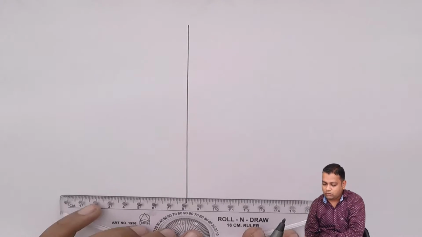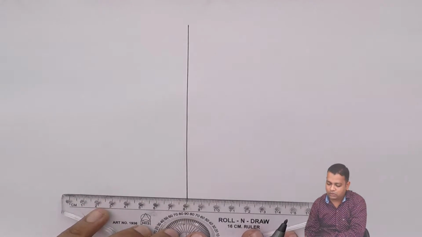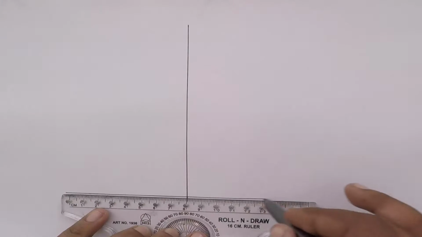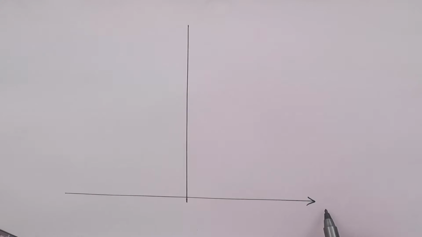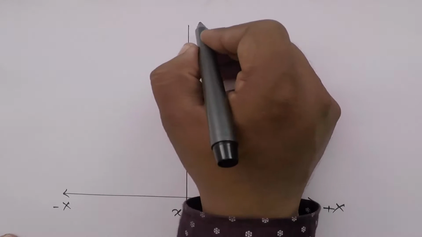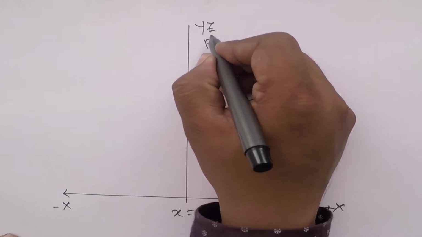So here onto this horizontal orientation, if we take x-axis, so onto the right hand side we have the positive x direction towards the positive infinity, and onto the left hand side the negative infinity of x, hence the side is x equal to minus 1, minus x direction. So this is our x equal to 0 plane. So this is nothing but the YZ plane.